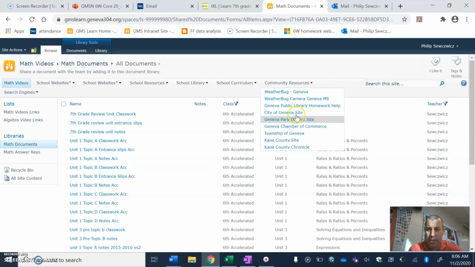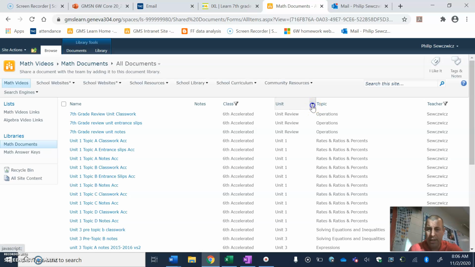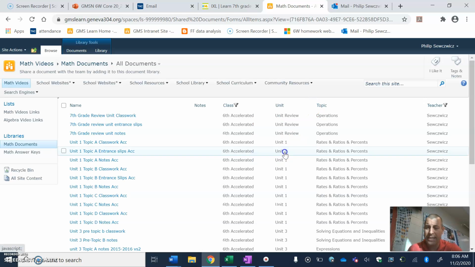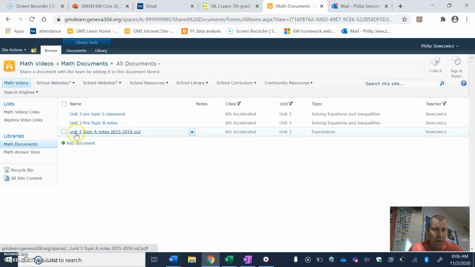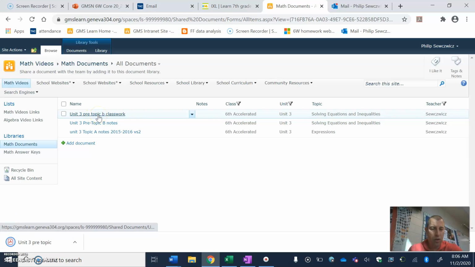They're called math packets down there. Here we go, pre-topic B classwork. Download that and open it up.